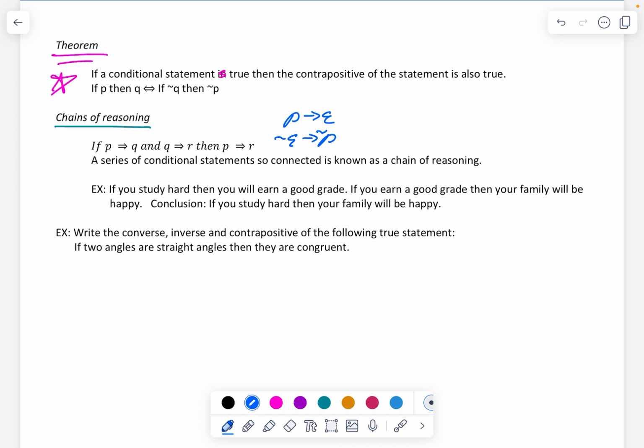So if you have P, you can conclude Q. However, if you have not Q, you can conclude not P. Similarly, with Q implies R, if Q implies R, then we know not R implies not Q. And then if P implies R, then not R implies not P.